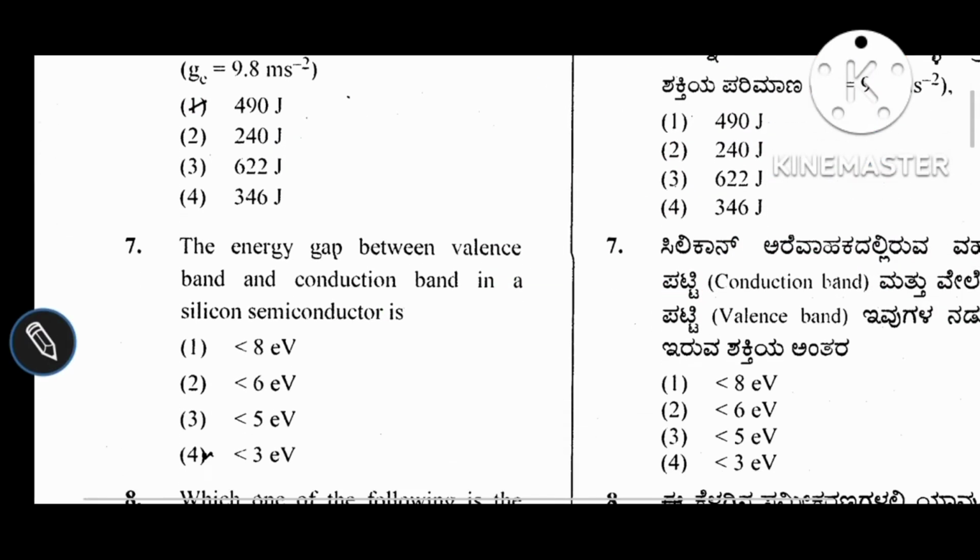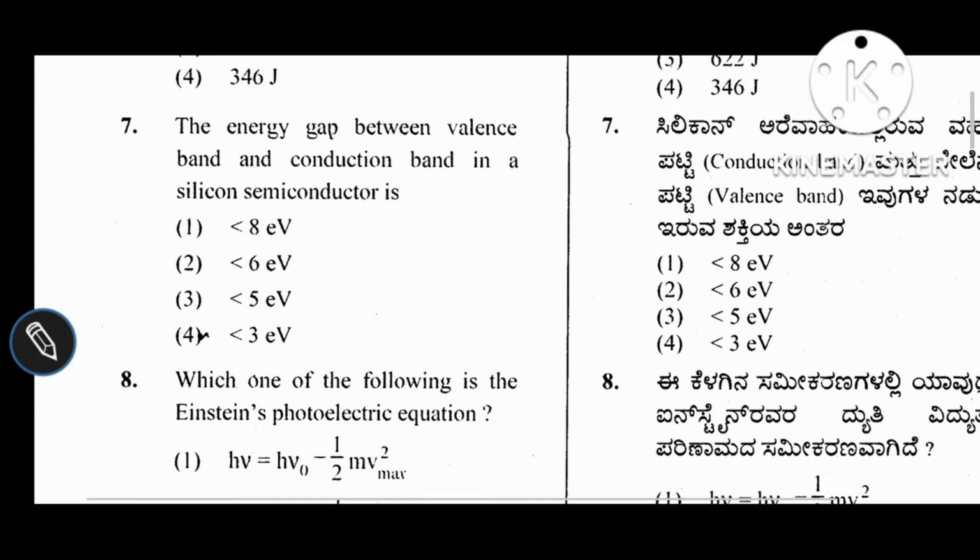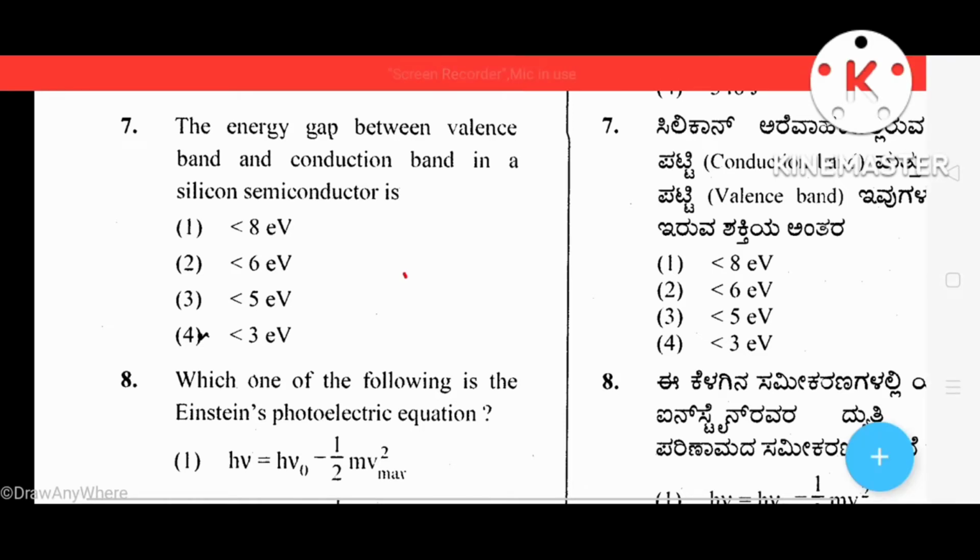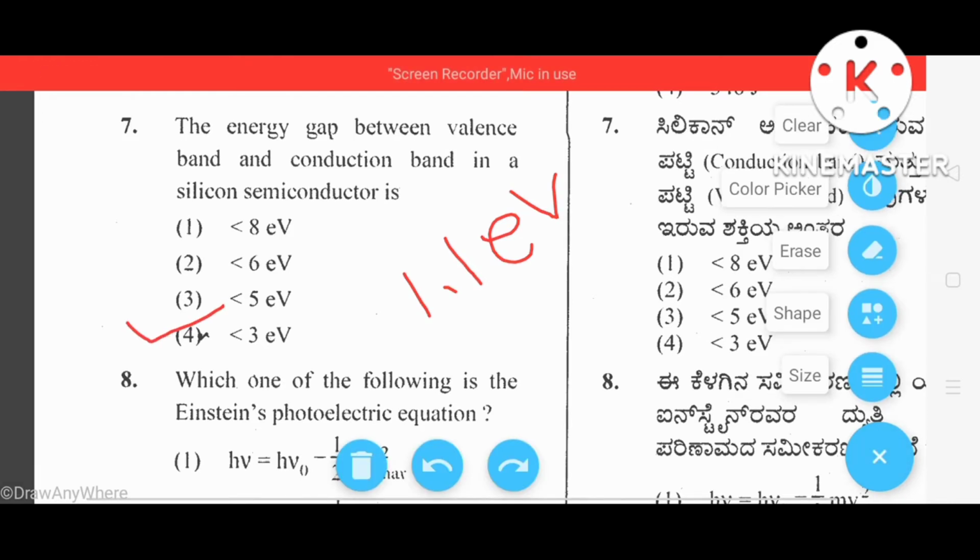Next, seventh question. The energy gap between the valence band and conduction band in a silicon semiconductor is? For a silicon semiconductor, the value of the energy gap is 1.1 electron volt. Since this value is less than 3 electron volt, we can consider the fourth one as the correct answer here.